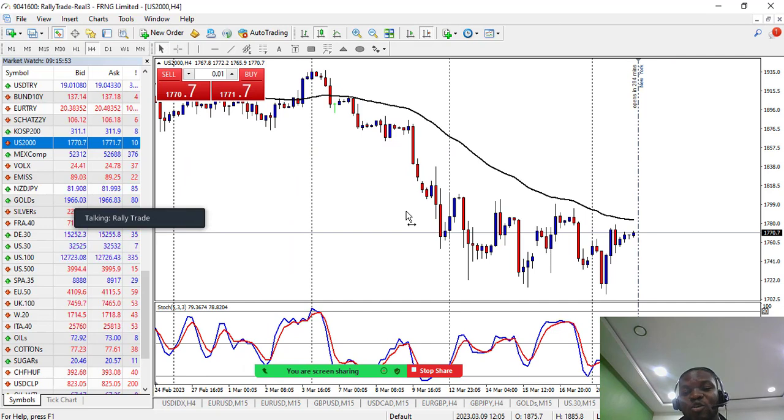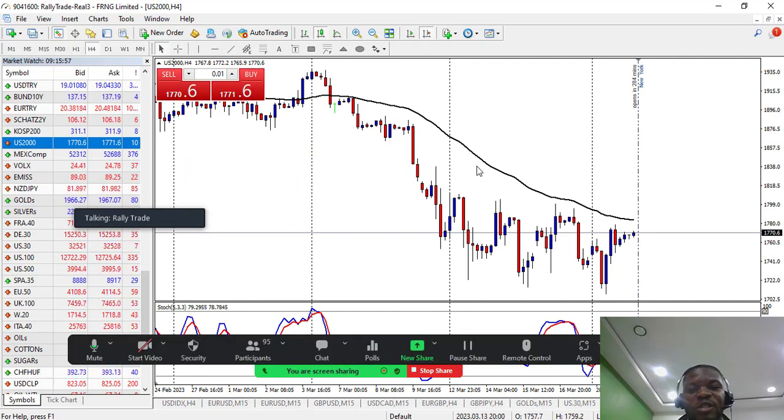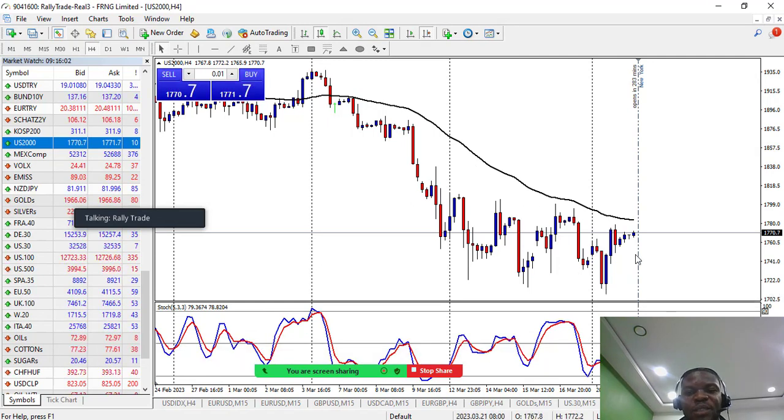All right. But clearly, what we can see here is a downward trend. As you can see from the H4 time frame, all the candlesticks are being printed below my 50 period exponential moving average. That's one. Then two, it has been breaking structure to the downside.